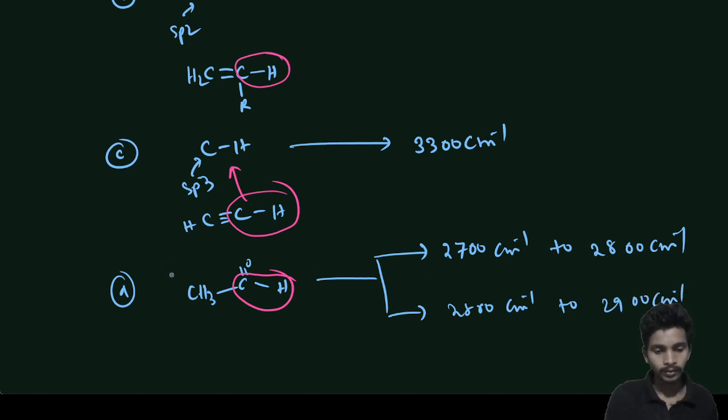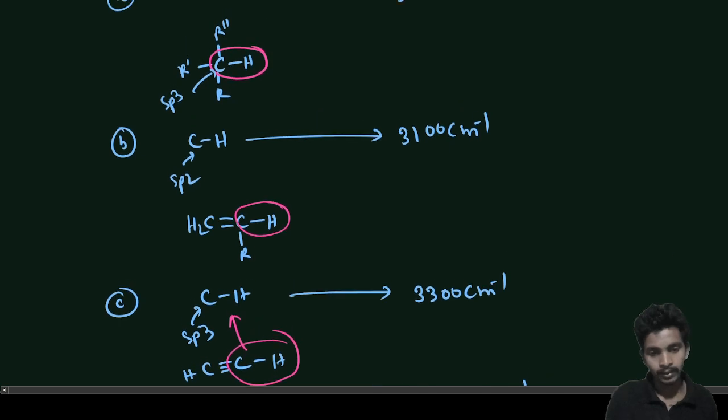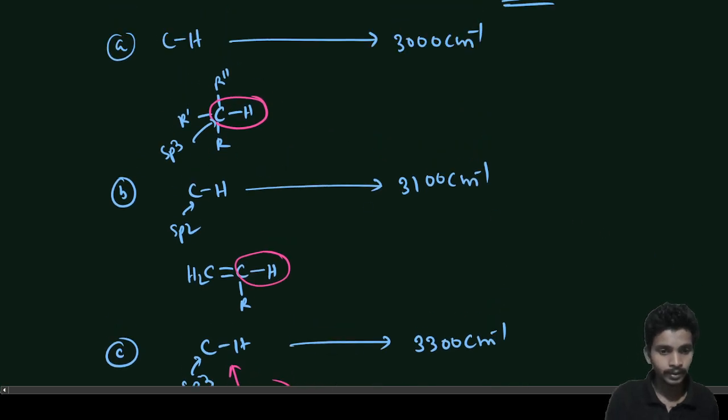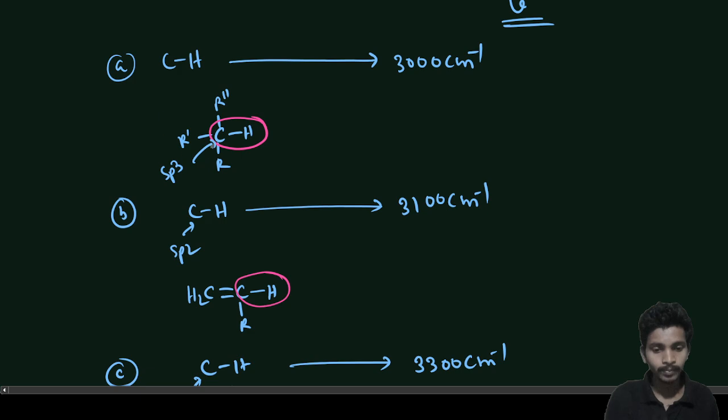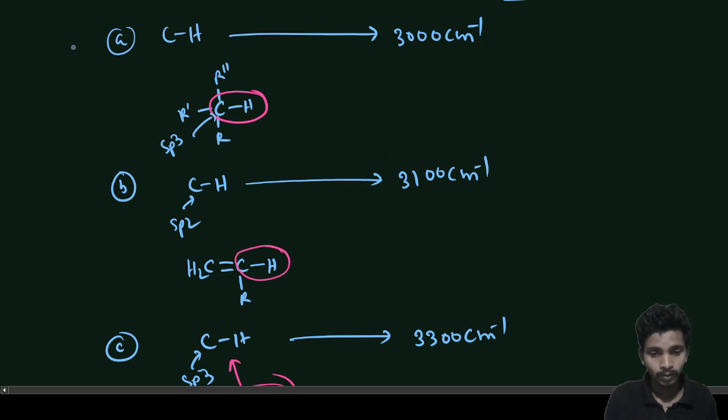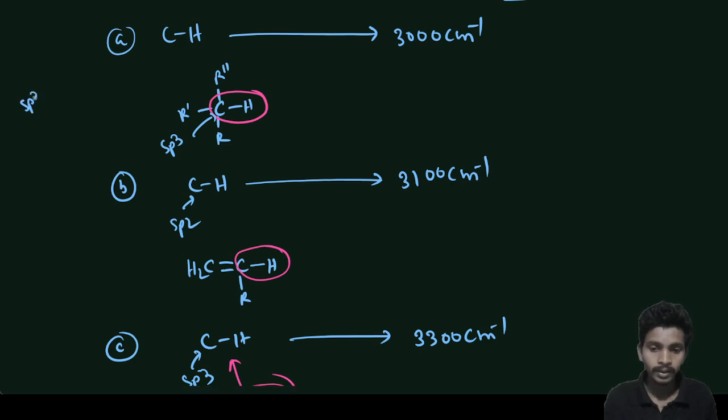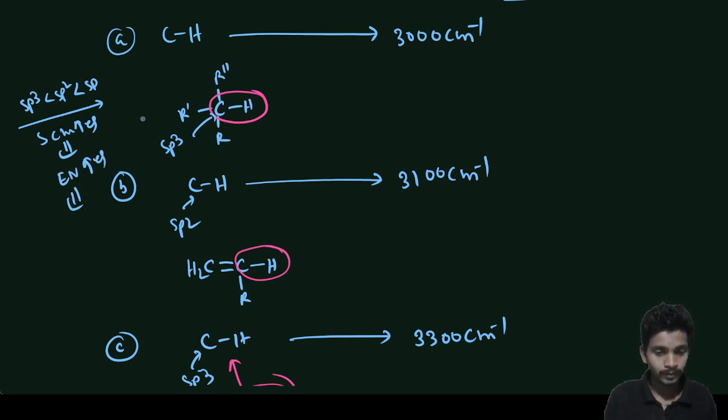Okay, so we see that as the electronegativity, here the electronegativity of this is less, because while moving from single bond to double bonds, sp3 to sp2 to sp, the S character increases. S character increases means electronegativity increases. So if electronegativity increases, then the stretching frequency will increase.